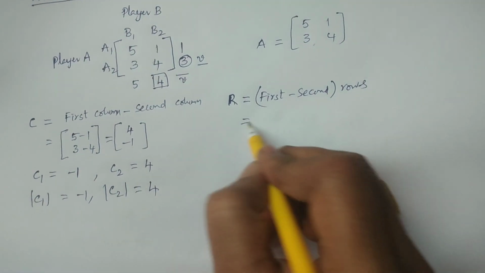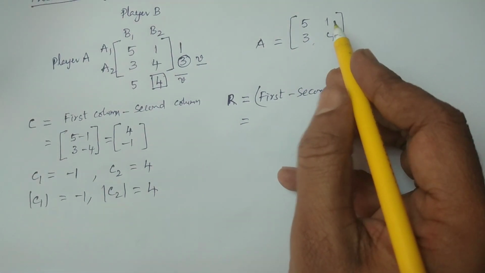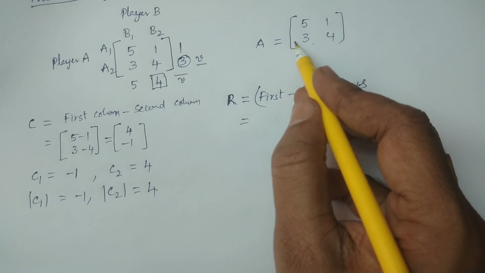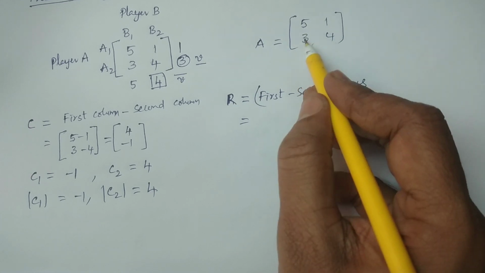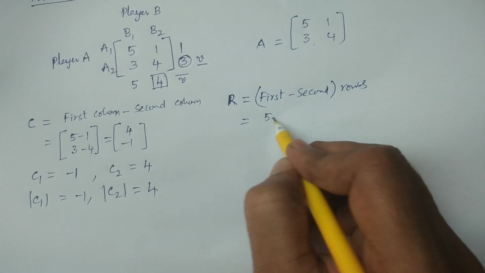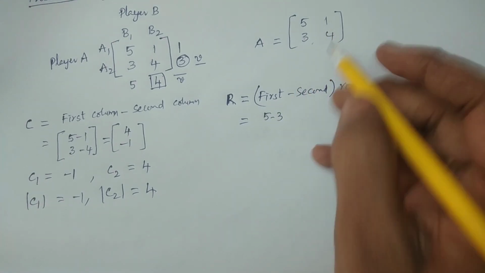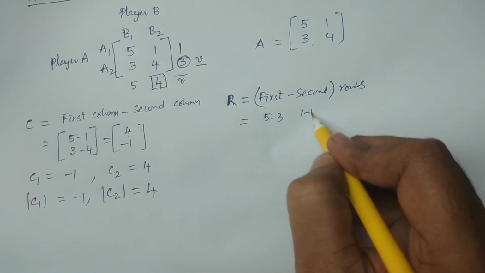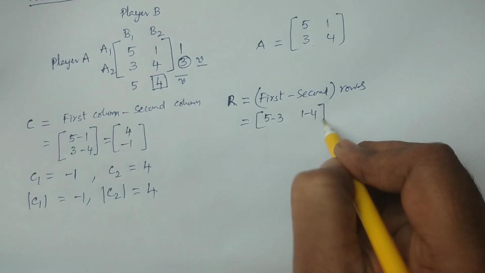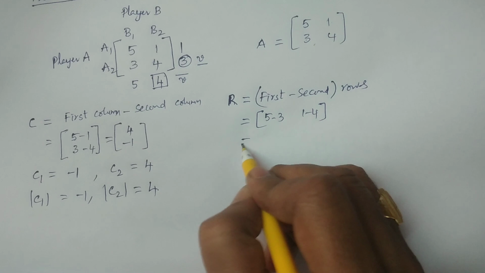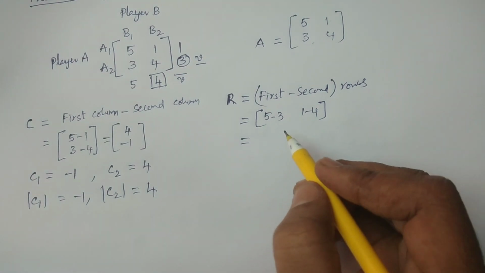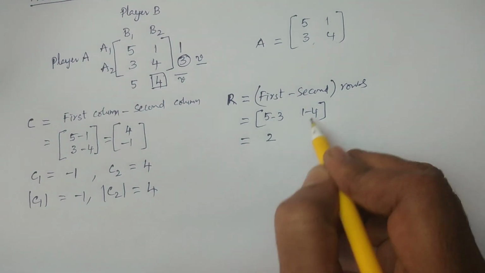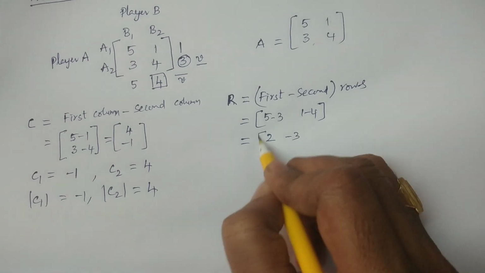What you will get: first row 5, 1, second row 3, 4. So 5 minus 3 and 1 minus 4, which is 2 and minus 3.